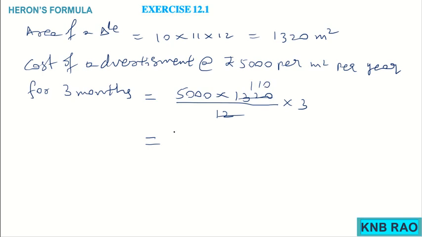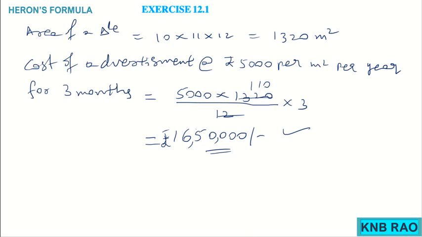So this product is 5 3s are 15, 15 11s are 165, and besides I'll get 1 2 3 4 zeros, so 4 zeros, which means 16 lakh rupees 50,000 will be the cost of advertisement for 3 months for hiring that one side of the wall, to be paid by that company. Okay, this is how we solve this question.